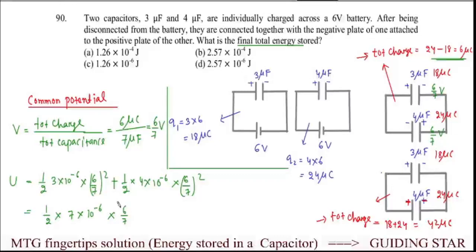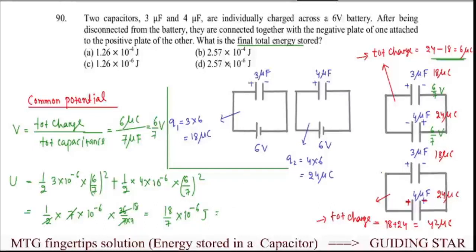So 6 square is 36 and 7 into 7. The 7 and one 7 will get cancelled out, and here it is 18. So it will be 18 upon 7 into 10 to the power minus 6 joule.